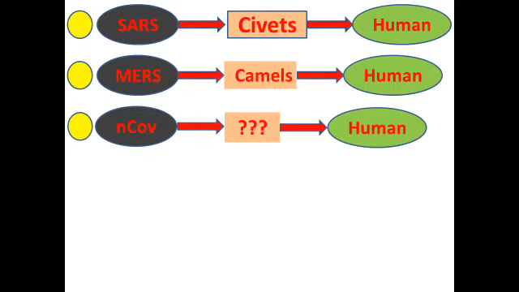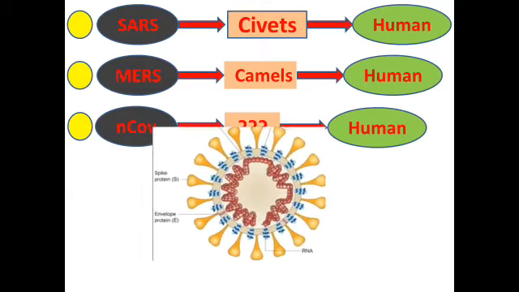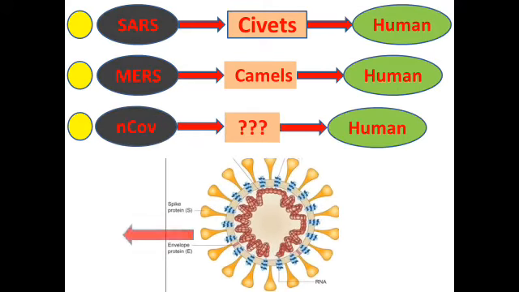The question that arises: why do scientists and doctors suspect snakes and bats in particular and not other animals? The answer is there is a glycoprotein on the surface of the virus. This glycoprotein helps the virus adhere to human cells.